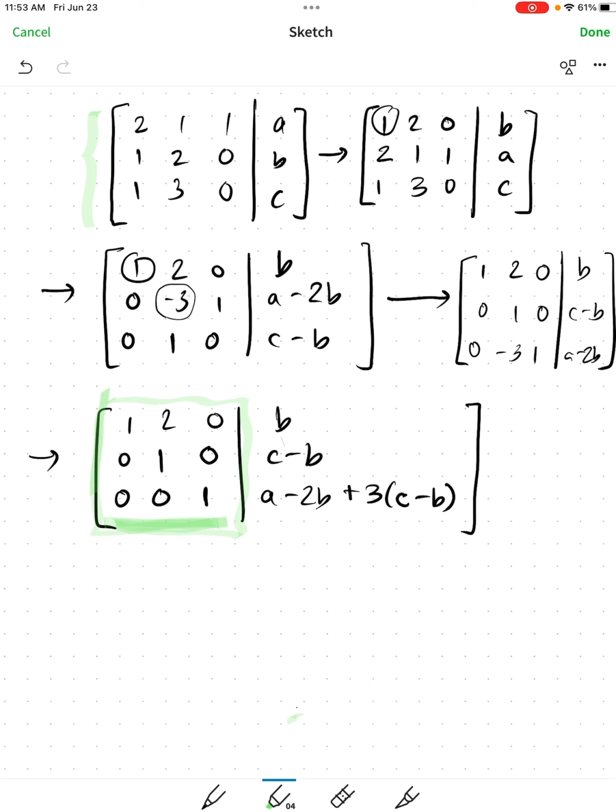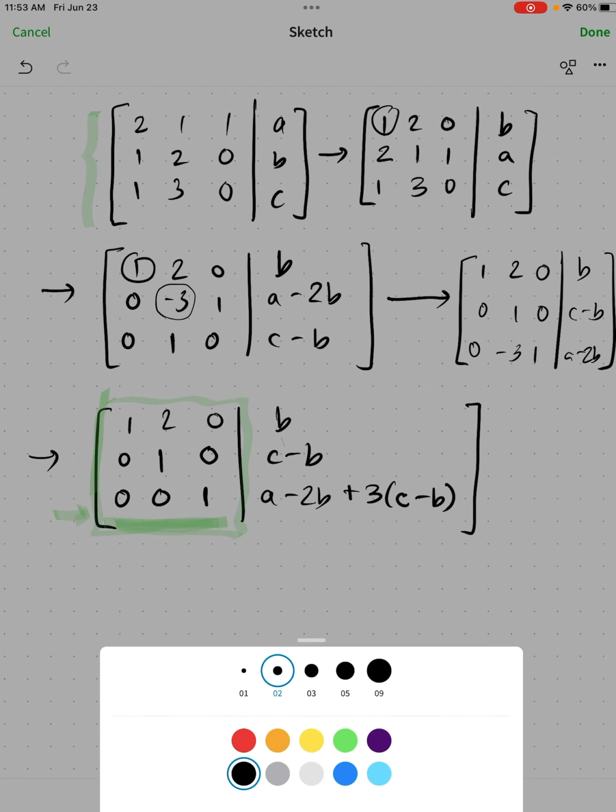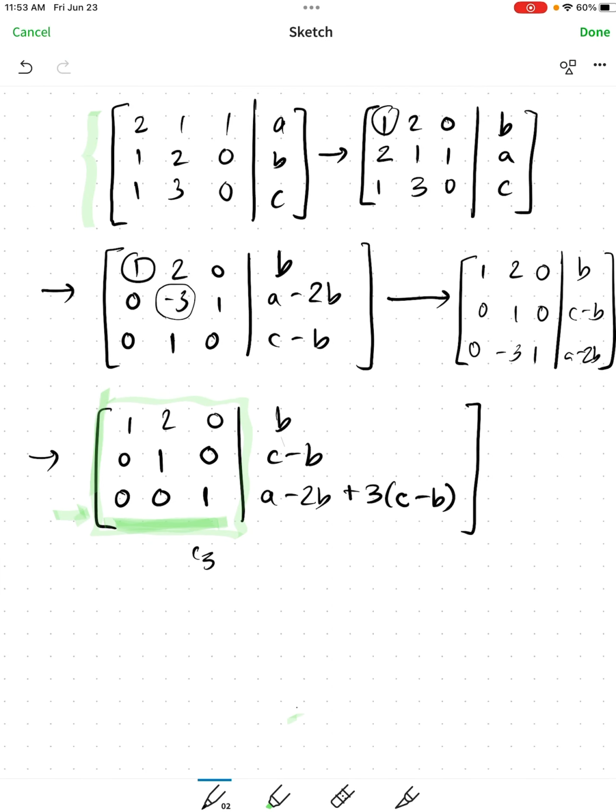Because if you think about it, this bottom row tells me that C3 is equal to this. That's what C3 is equal to. And then the second row tells me that C2 is equal to this.